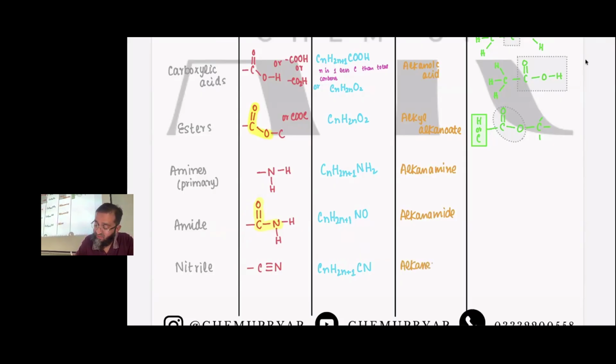And in the last one, we also use the value of n is going to be one carbon less than the total carbons, because there are two carbons in the formula. See, there's one. So if it's propane nitrile, the value of n is going to be 2, not 3, because the third carbon is already there. Is this clear?